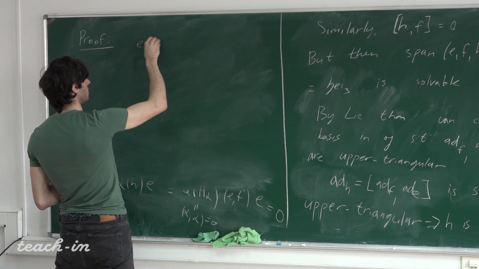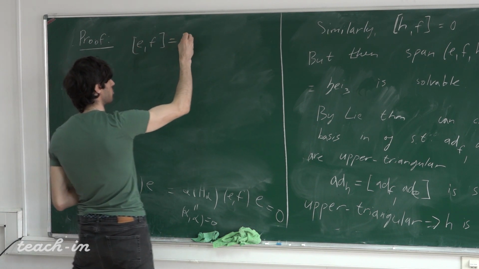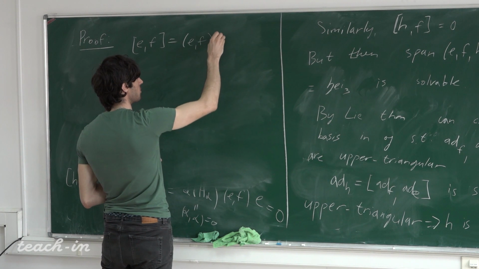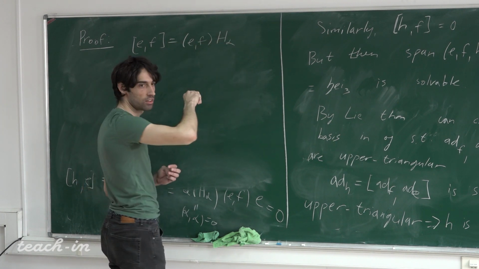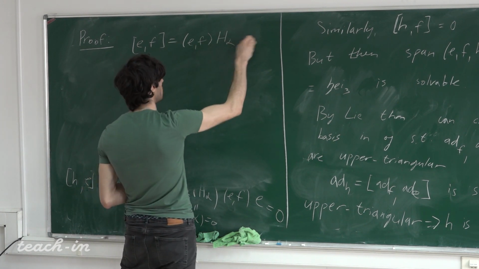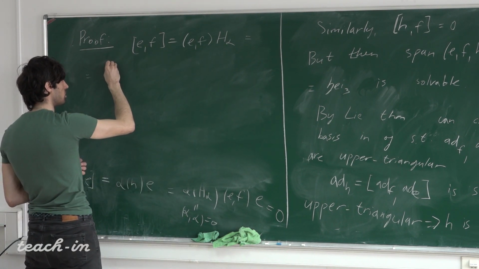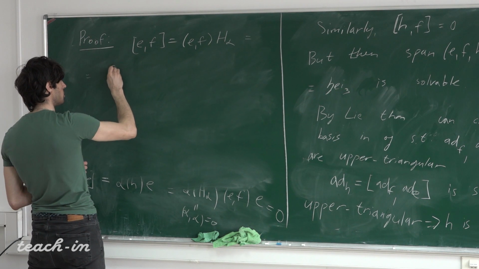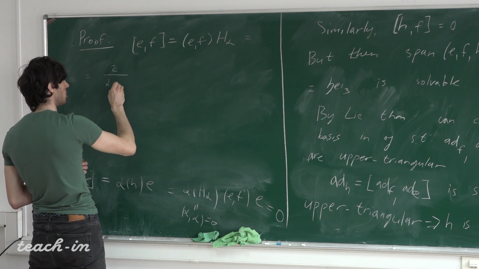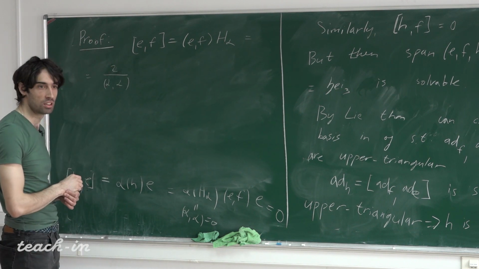You have E and F, which we proved is the form of E and F times H alpha, right? This we agreed to take as 2 over alpha alpha.